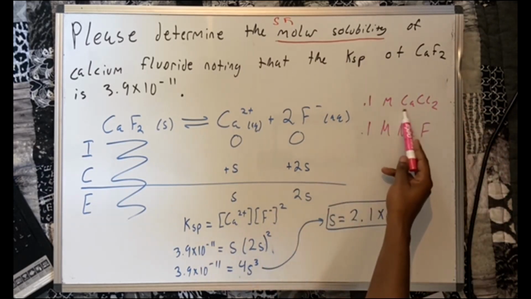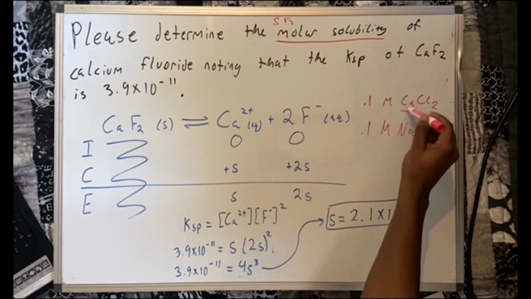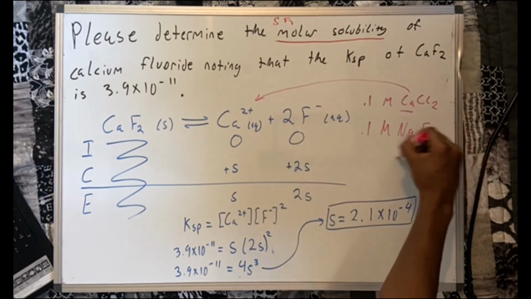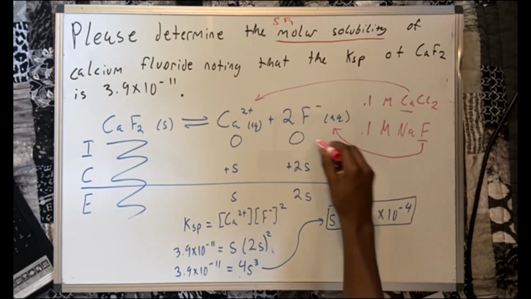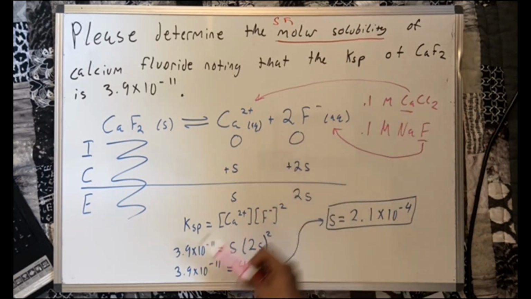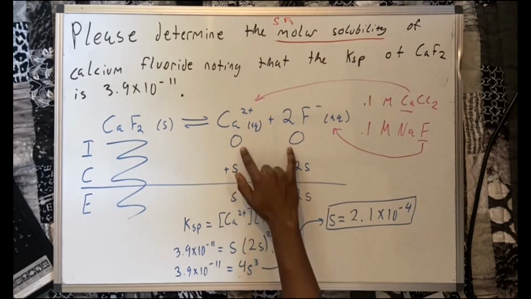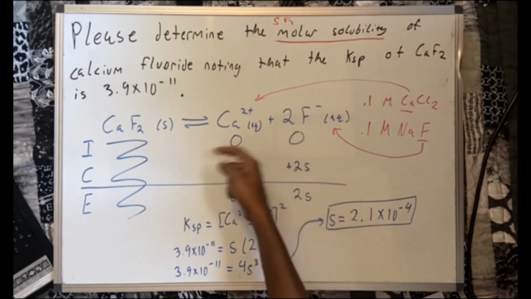You get some Ca coming from this, and some F coming from that. So you just get initial amounts here, and it asks if it precipitates. So you need to check your Q with your initial amounts to see if it shifts that way.